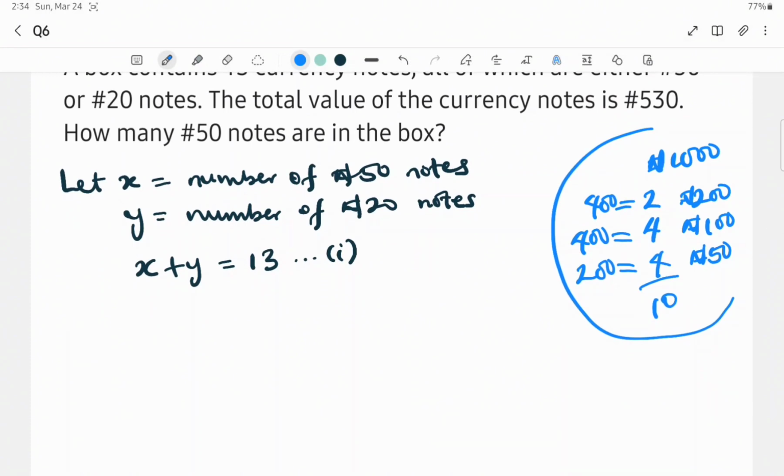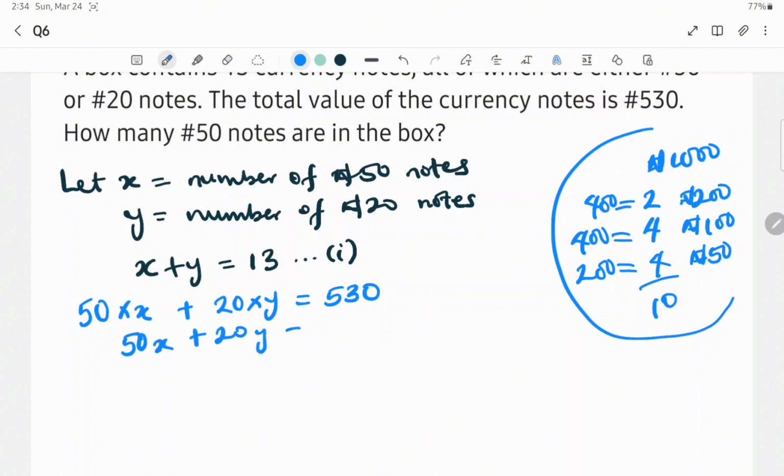Since we know that our 50 naira notes, the number is represented with x, that means 50 multiplied by x plus 20 multiplied by y is 530. So that was 50x plus 20y equals to 530.